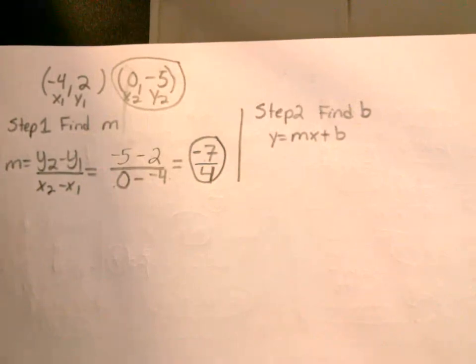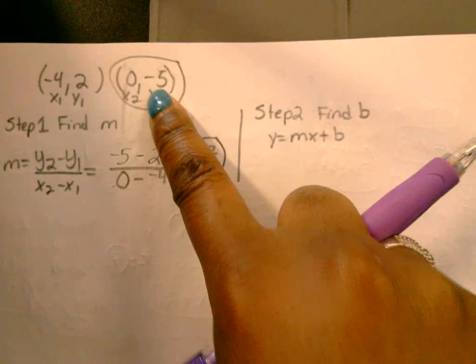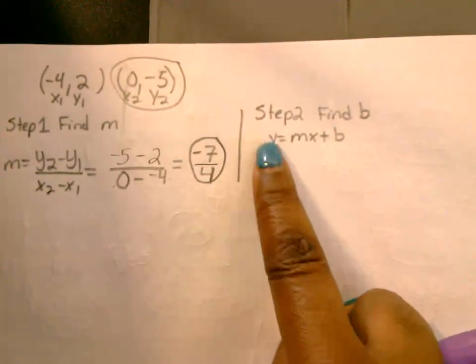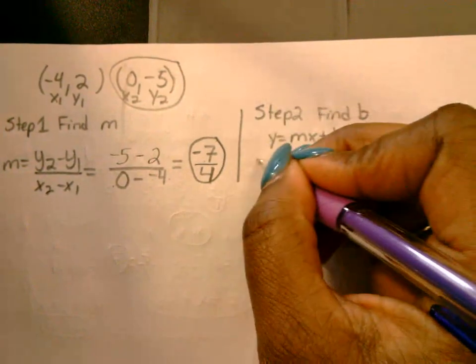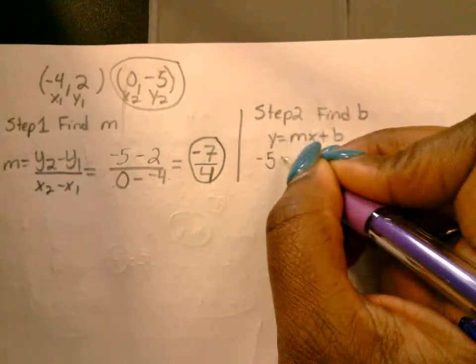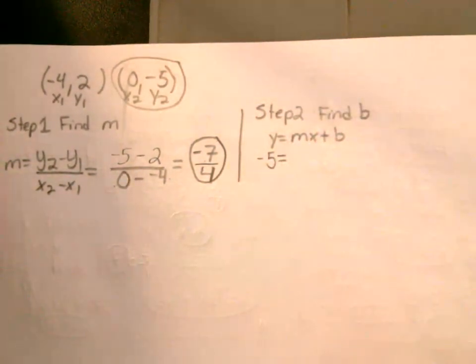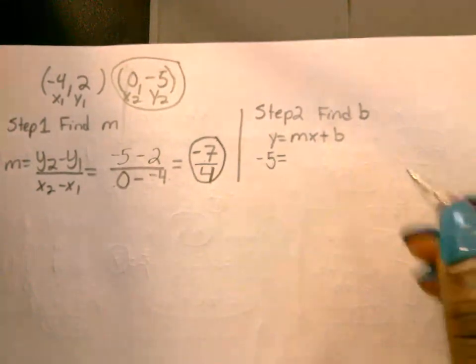Now we're going to substitute. If we use this point, which one of these numbers do we plug in or substitute for y? -5. Bring down the equal. What do we use for m? What are we substituting for m? Which is?